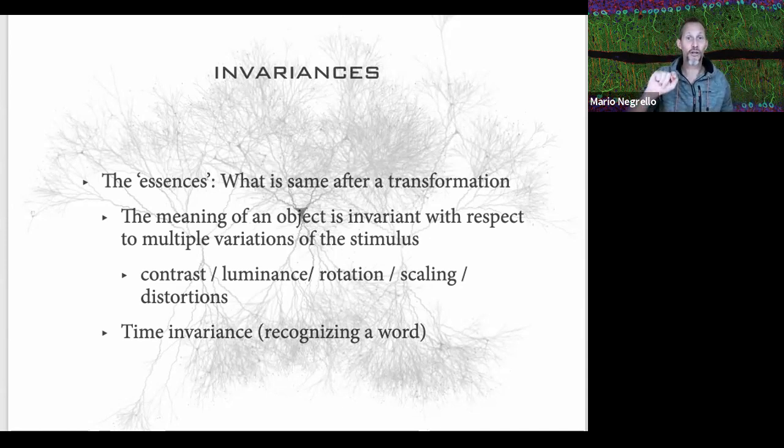However, it's still a cube. And so there are some specificities of that three-dimensional object that, even though it might have different orientations, it still will be perceived as that particular essence. How do you build essences? In any case, before we go forward, I just wanted to establish the notion of invariances.